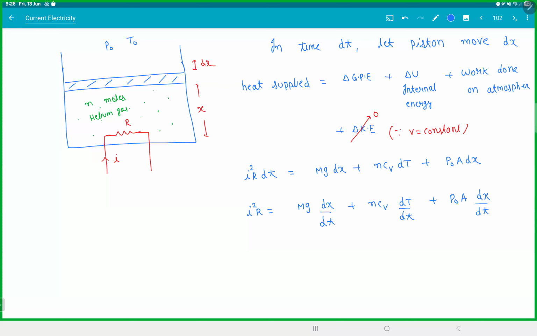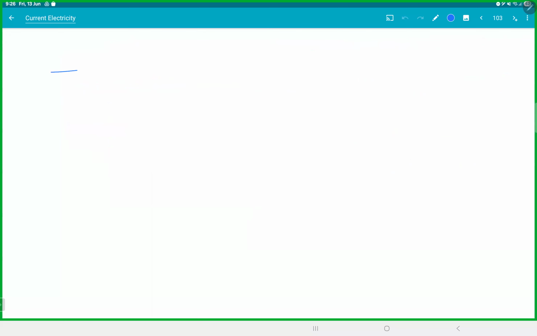So how do we do that? For that, let's see the next page. If you draw the FBD of the piston and look at the forces, we have P gas into area, the atmosphere pushing down P naught into area, and you also have mg. If it has an acceleration a, this is 0 because v is constant.